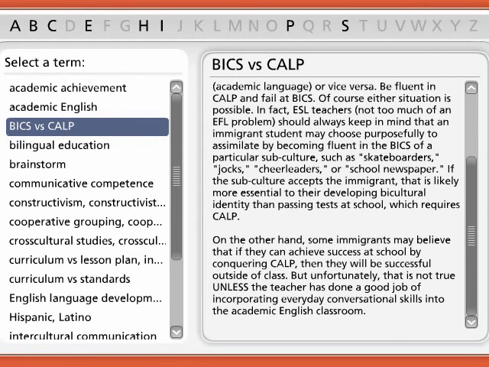If the subculture accepts the immigrant, that's likely more essential to their developing bicultural identity than passing tests at school, which requires CALP. On the other hand, some immigrants may believe that if they can achieve success at school by conquering CALP, then they will be successful outside of class. Unfortunately, that's not true, unless the teacher has done a good job of incorporating everyday conversational skills into the academic English classroom.